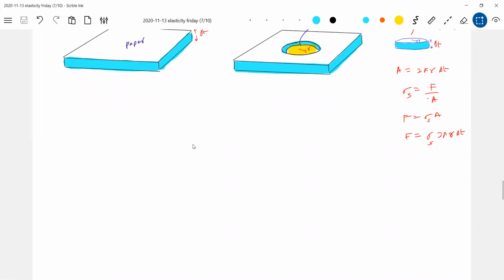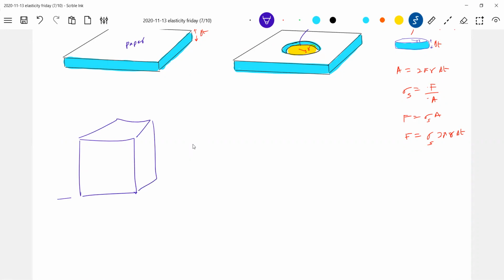Okay, let's take one more small example. If I have a body with a width B and a length, I'll apply a force so that it will undergo deformation.